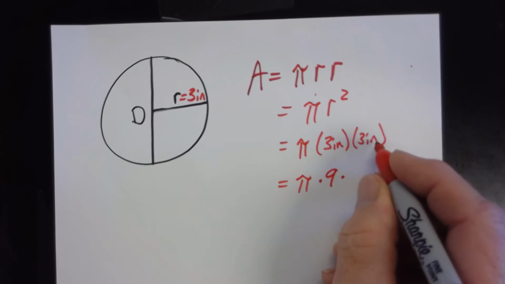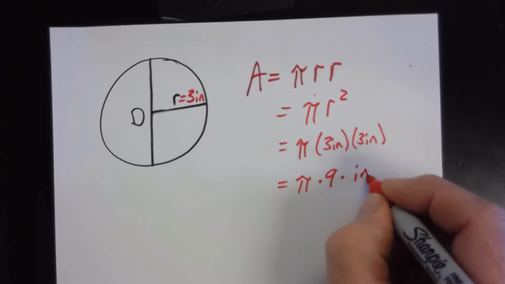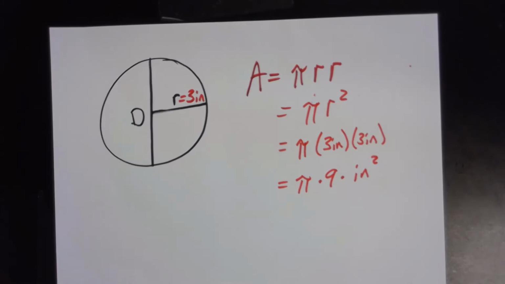What's inches times inches? Inches squared. Okay, well that's good because aren't we looking for area? Yes. By the way, isn't it weird we measure the area of a circle with squares? It is a little weird, but it's probably easier than measuring the area of everything in the world with circles. So that's the alternative.